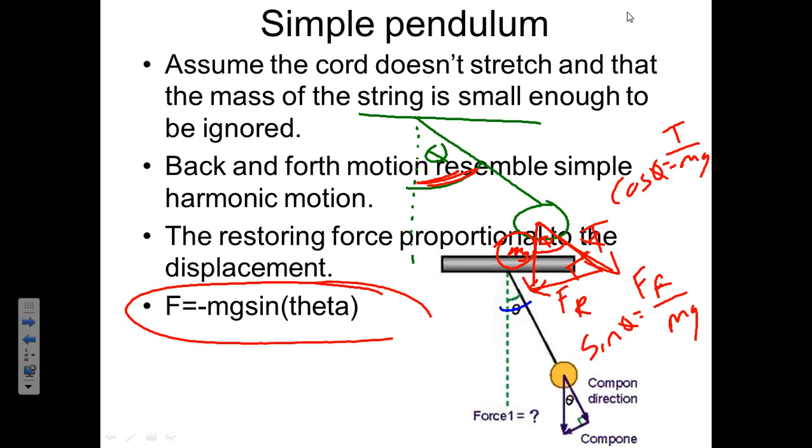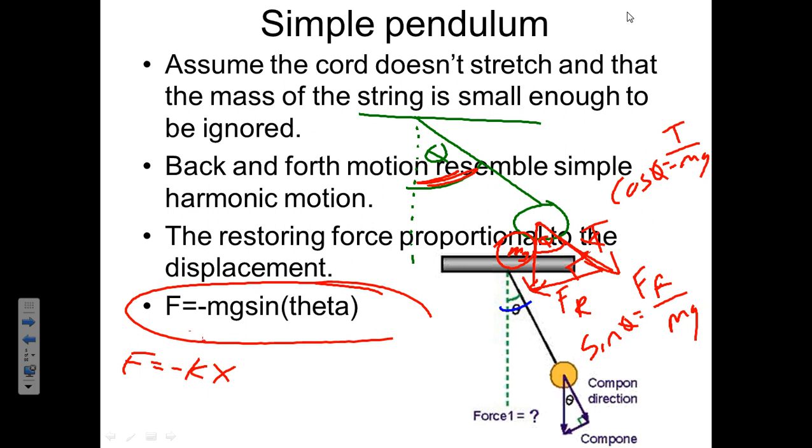Why do we put the negative there? To make it look like Hooke's law, where the negative just tells us that this force is opposite of the displacement. If we pull the pendulum to the right, the force is always going to be back to the left.